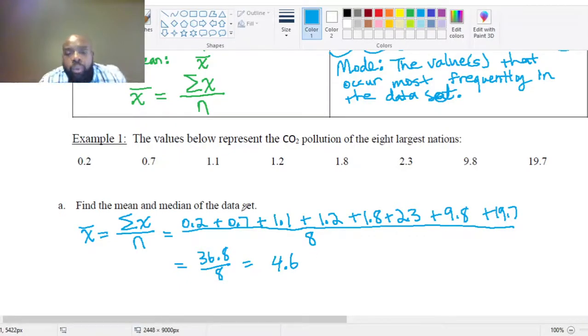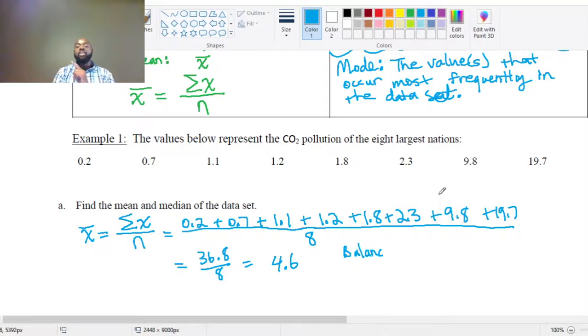Now, when we do this, this is like balance. The mean is like balancing a weight and finding that center. So if we put our values in order and we had, let's say, a single point and a board, and we wanted to balance that, then the mean will be where we would have to put it in order to balance that data.